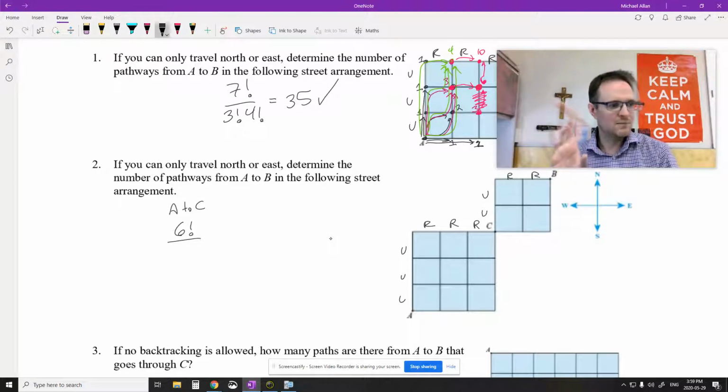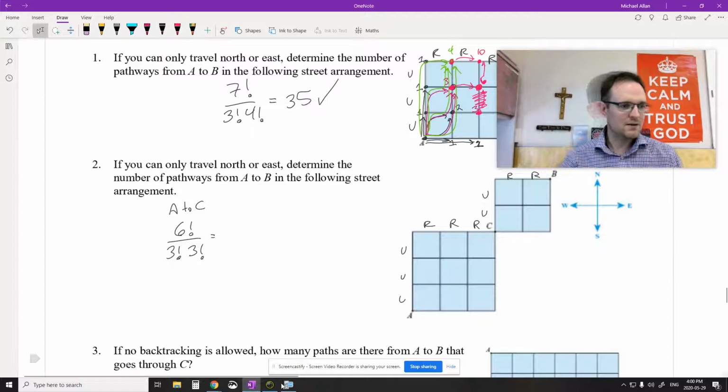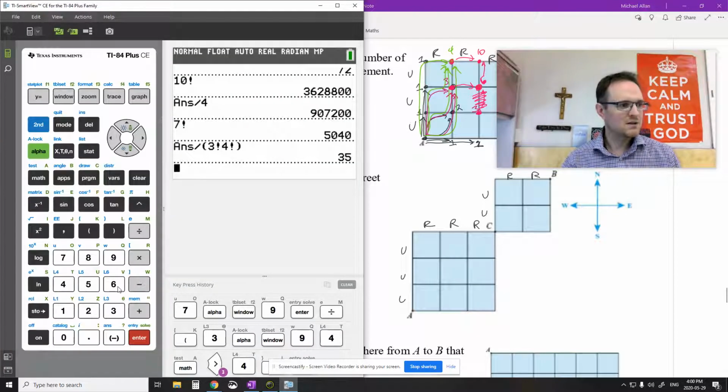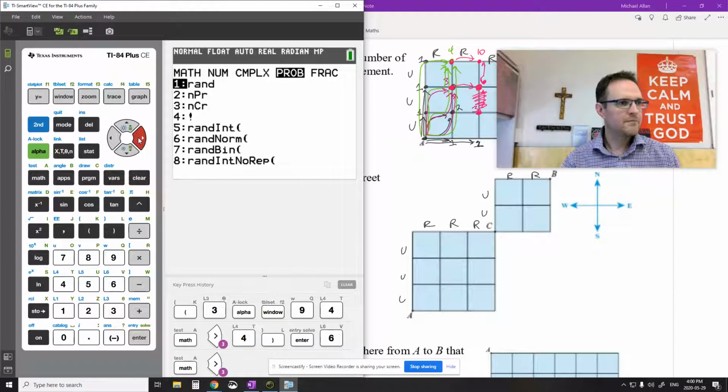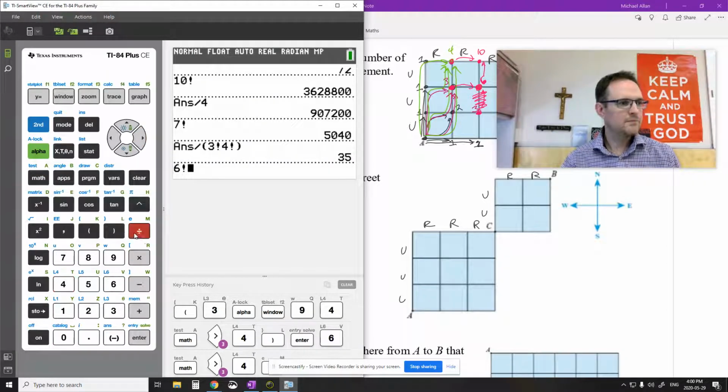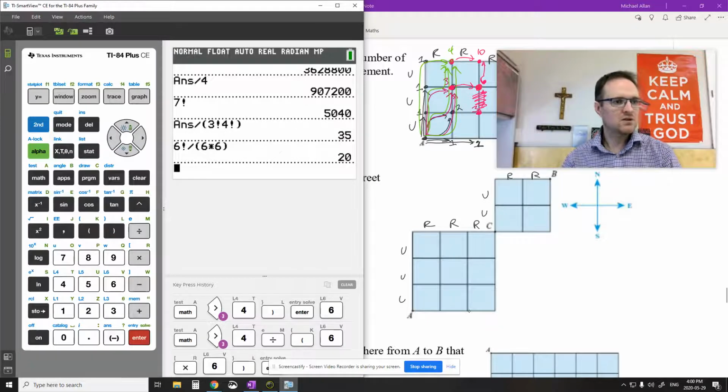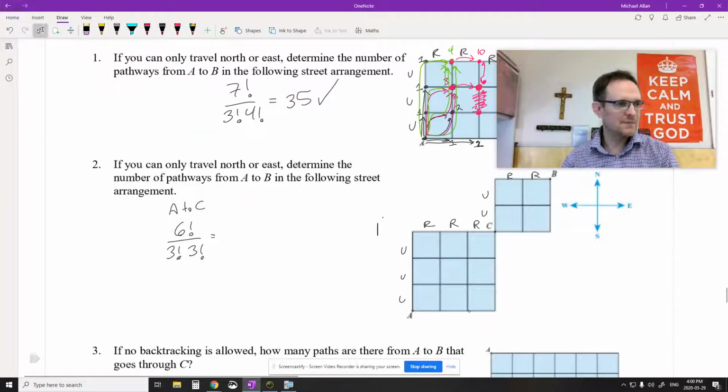Then I'm going to divide by 3 factorial and 3 factorial, because those are both being repeated that many times. 6 factorial is 720, divided by 6 times 6. I just happen to know those numbers. So there's 20 ways to get from A to C.